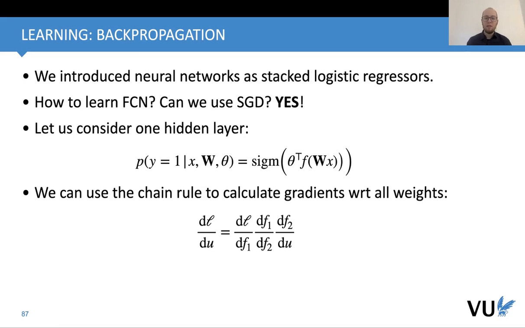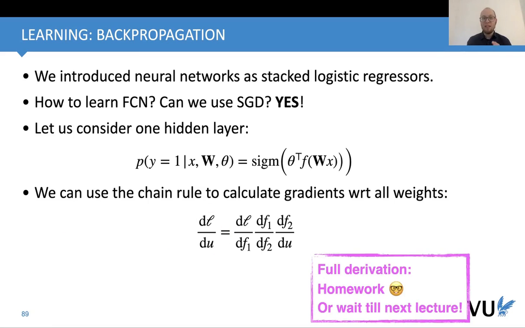It tells us that if we are interested in calculating the gradient or derivative with respect to u of some function L, like a loss function, then we can simply introduce some intermediary derivatives, all right? And in our case, this is the negative log likelihood. We calculate the gradient with respect to some weights u, and then we actually follow.